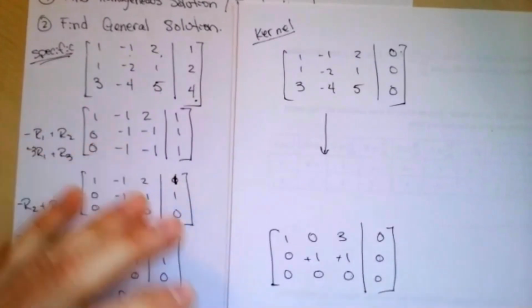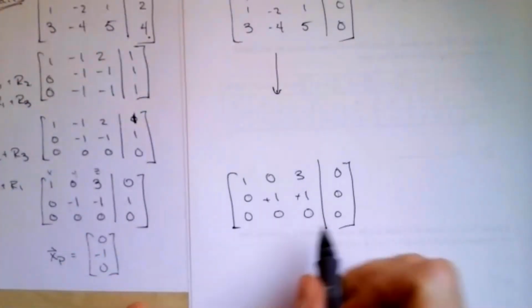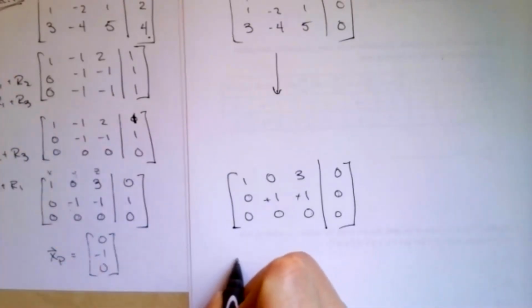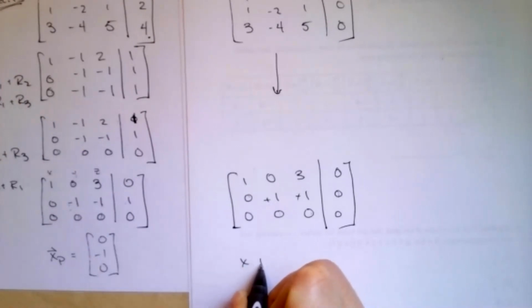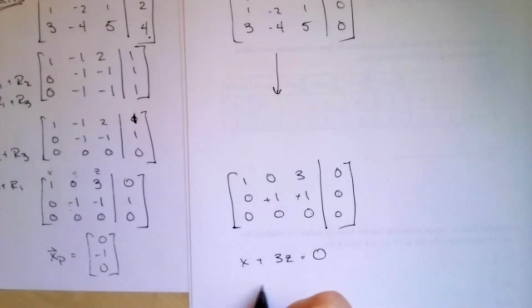And so once we have that, now we can try to come up with a basis for our kernel. So here's how we might find a basis for our kernel. This system of equations says now x plus 3z equals 0 and y plus z equals 0.